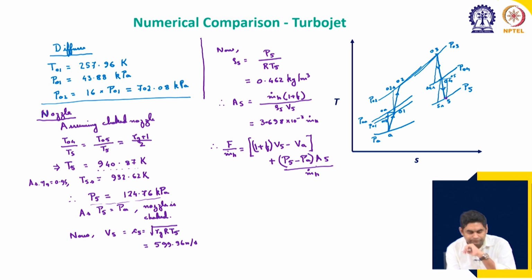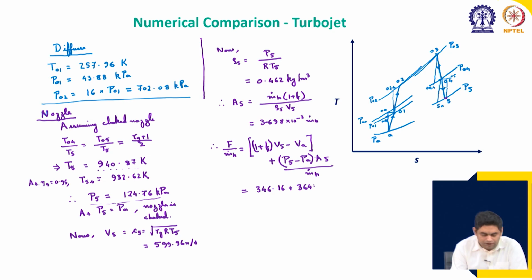Finally, we get 346.16 plus a large pressure thrust of 364.45 Newton per kg per second of mass flow rate of air through the core section.